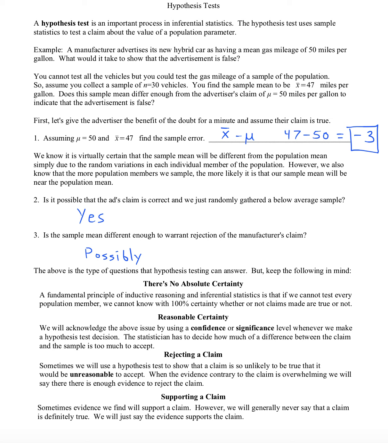And so when evidence to the contrary becomes so overwhelming, we'll have to say that there's enough evidence to reject the claim. And at other times, evidence will support a claim. However, we'll generally never say that a claim is definitely true. We'll just say the evidence supports the claim. These are all issues that we'll explore in the next few videos.